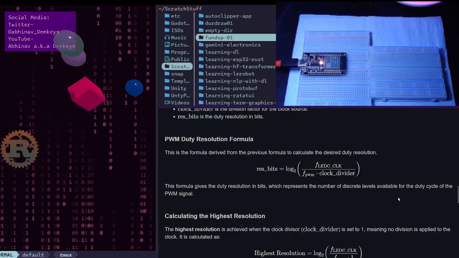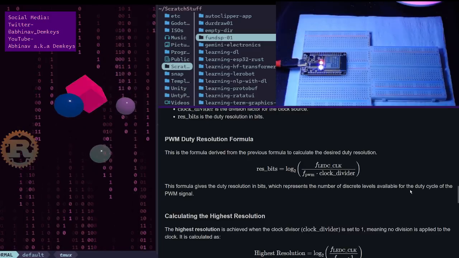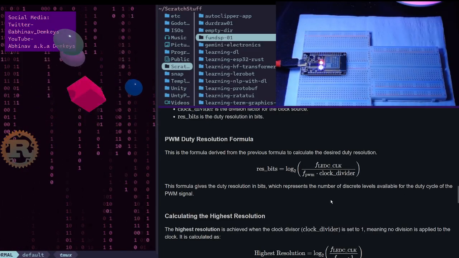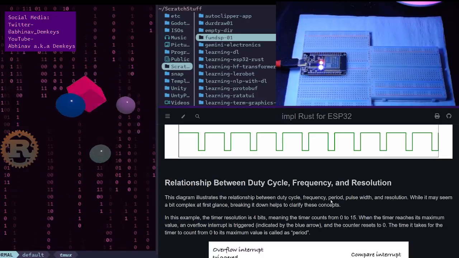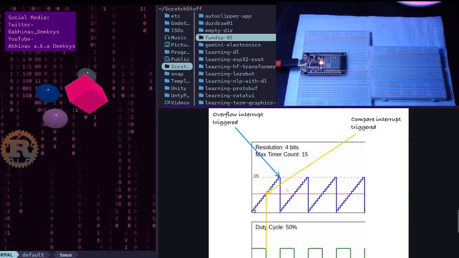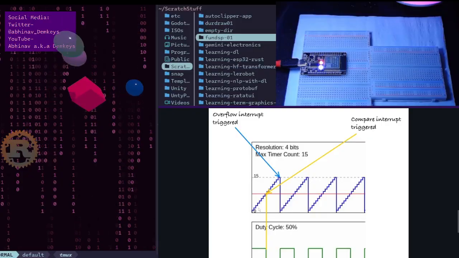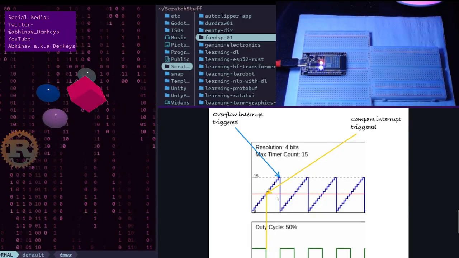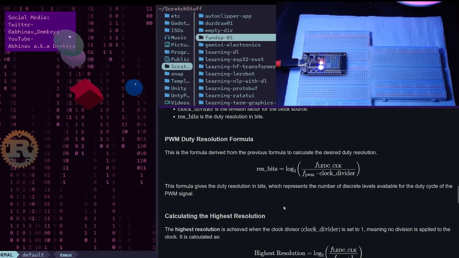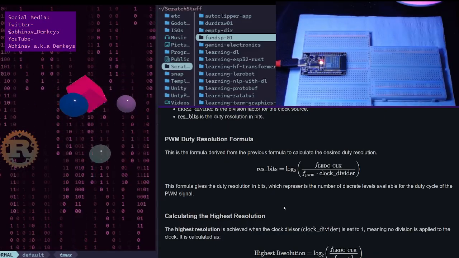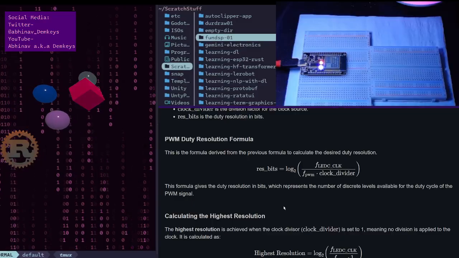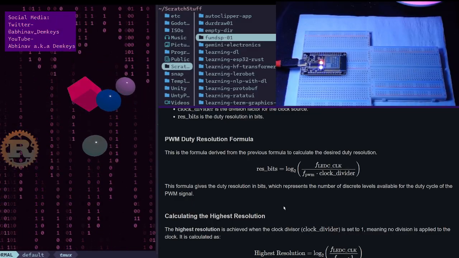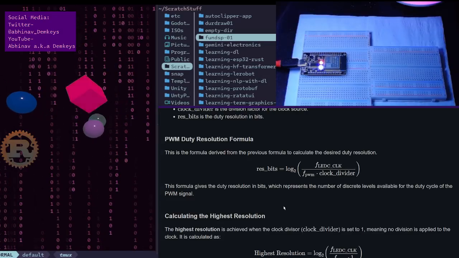This formula gives you discrete levels available for the duty cycle of the PWM signal. So after having done all of this research, what I understand is that when we are calculating the resolution, we are calculating it for this entire cycle. We're not calculating it only for the duty cycle. So I guess that's why they use this terminology. I don't know if it's accurate, and if it is accurate, then maybe it's just confusing to me. Maybe it's not confusing to anyone else.